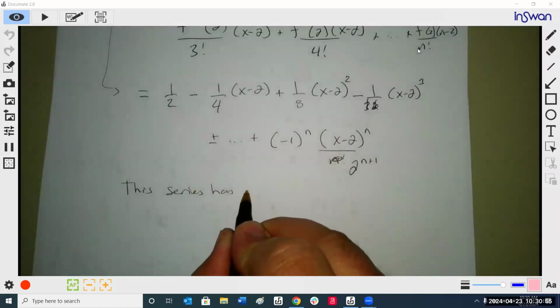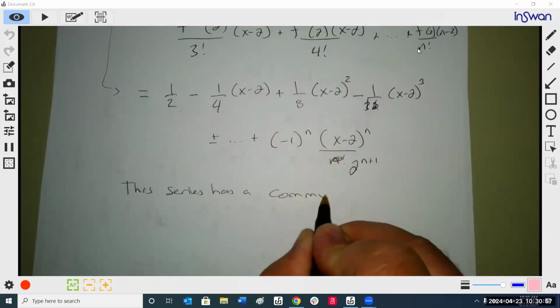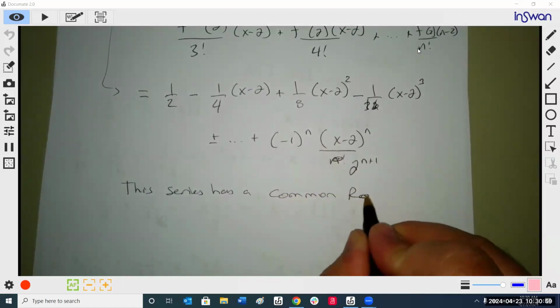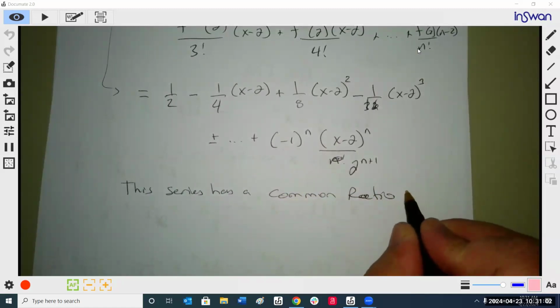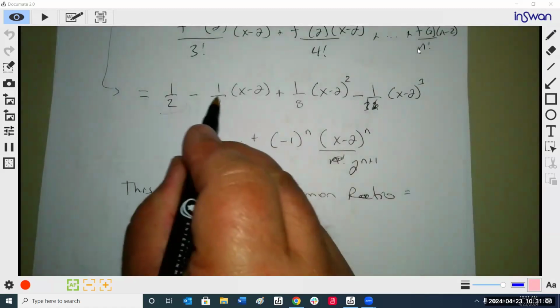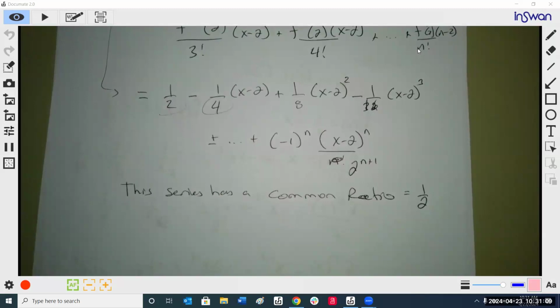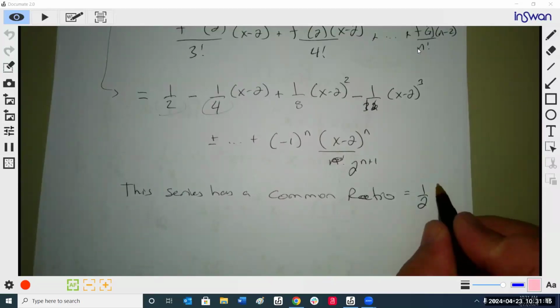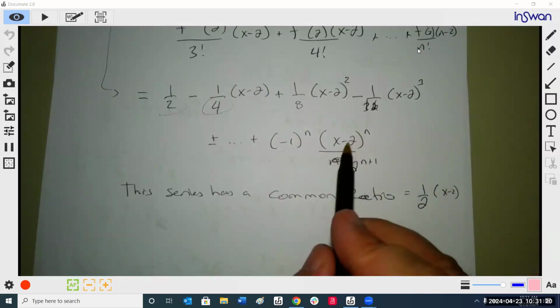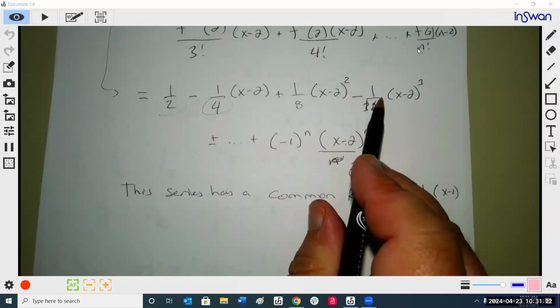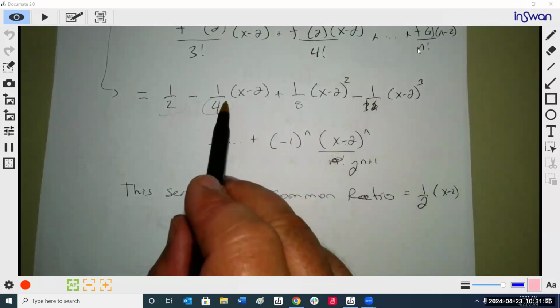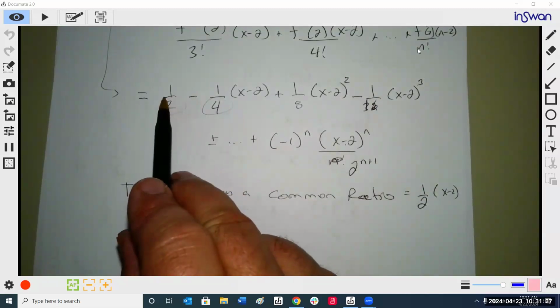This series has a common ratio of 1/2, and x minus 2 on top. Negative divided by positive.